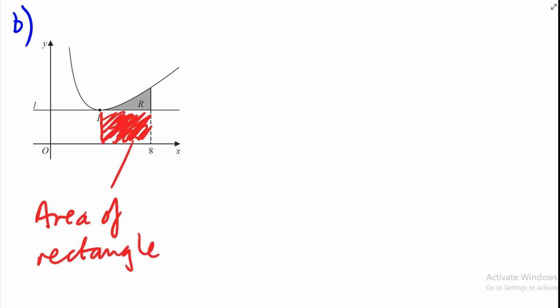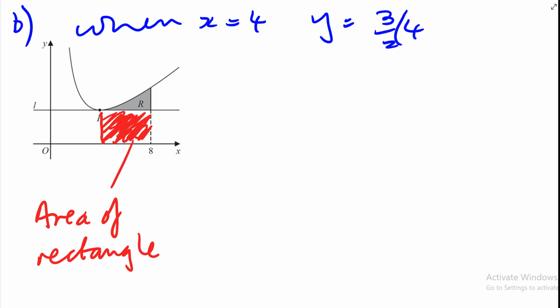In order to do that, we need to find the y value of P, don't we? So when x equals 4, y is going to be 3/2 times 4 plus 32 over the square root of 4 cubed, and that will be 10.